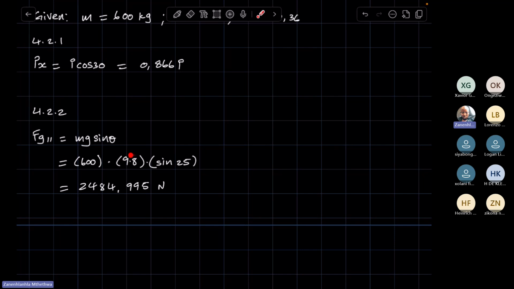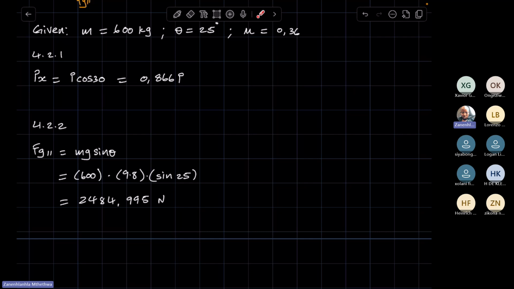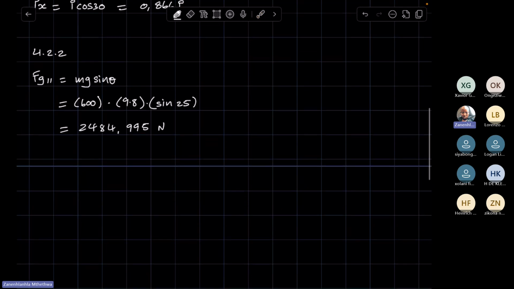Once you are done with question 1, you start question 2 on a new page, and similarly with question 3. And as per the instruction, you are always told to use g as 9.8. If you use g as 9.81, you will lose marks because it means you have ignored instructions.